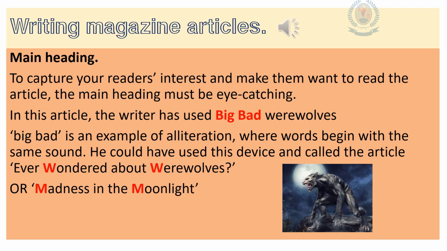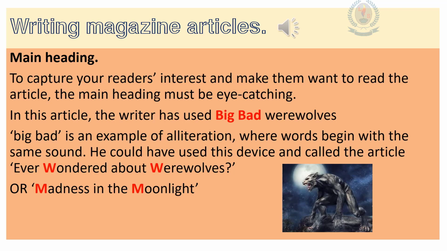So when we write an article, we should know all the important things which should be included in it. Before writing an article, we should be sure about what we are going to write, how we are going to write, and how we are going to present the information so that it is eye-catching.